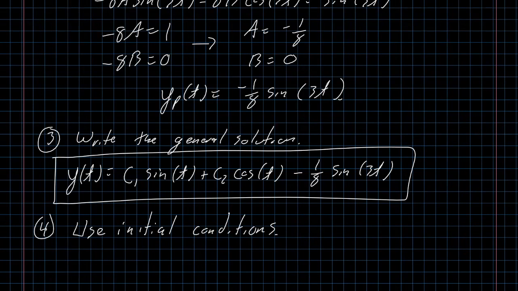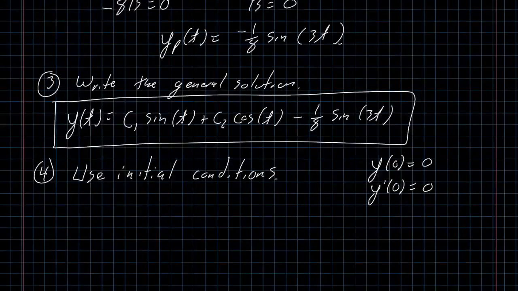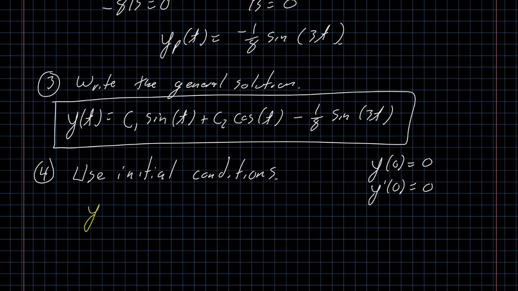Our initial conditions, remember, said that y of 0 is equal to 0 and y prime of 0 is also equal to 0. So we substitute in y of 0. Sine of 0 is 0, cosine of 0 is 1.